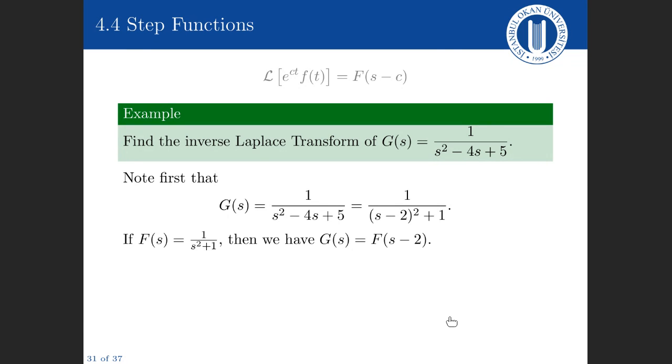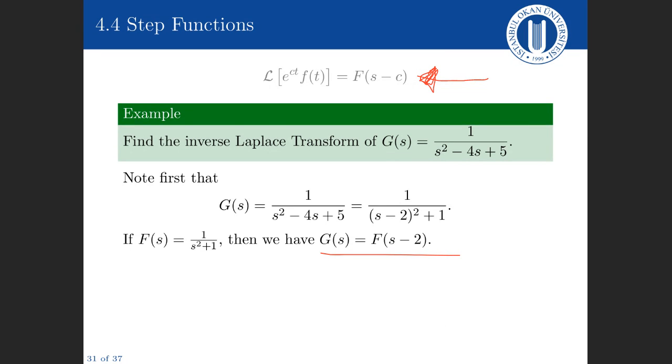If capital F is 1 over s squared plus 1, then we have that capital G is capital F of s minus 2. Which is great because we have this in our formula.